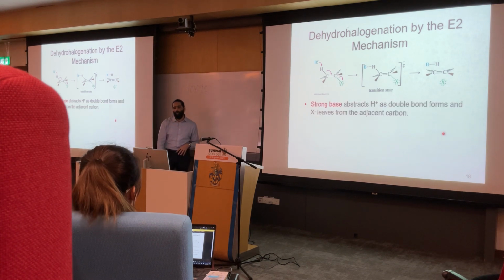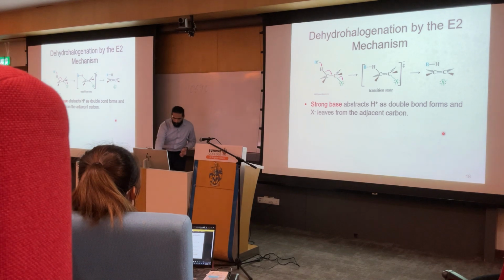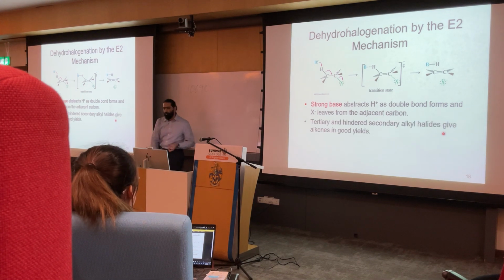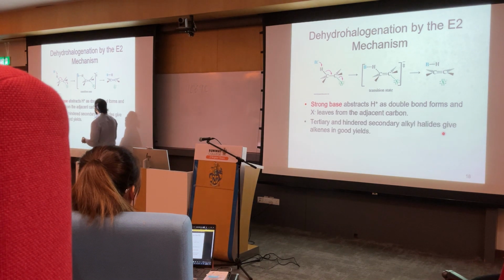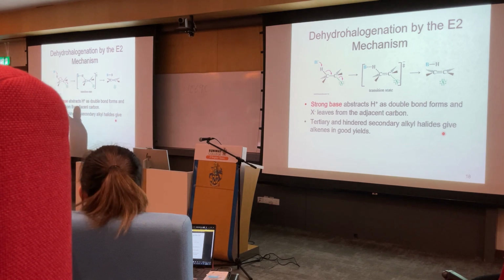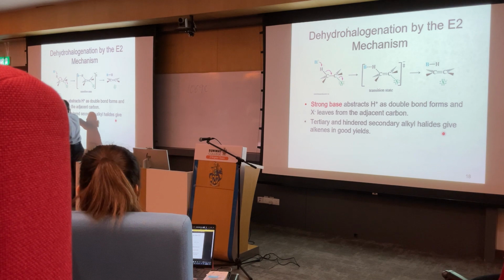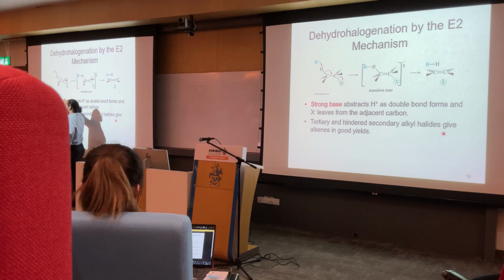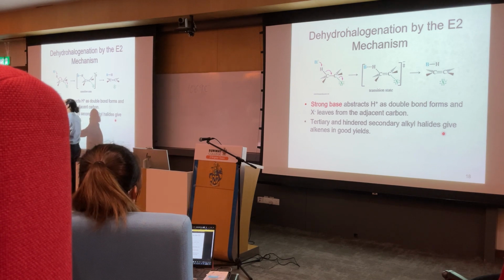For this we need a strong base which could trigger the reaction and the removal of the halogen atom from there. Besides this, of course, when we talk about any reaction, it's not only dependent on the reagents that we use. But more importantly, the reactant itself is also very important.